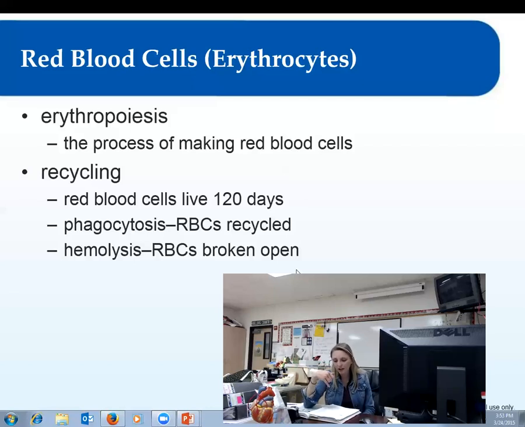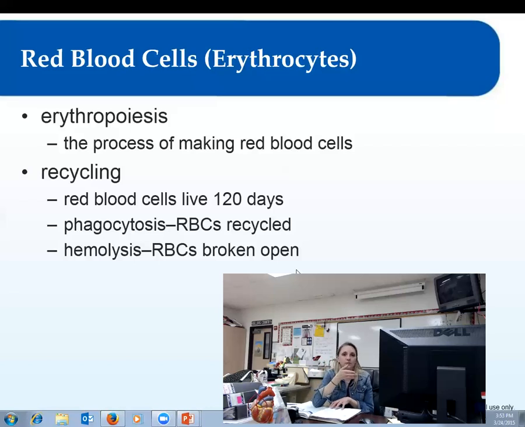In light of that, phagocytosis occurs. If you remember phagocytosis, that's where a white blood cell almost eats another cell or a foreign body. Macrophages in the liver and the spleen actually eat old red blood cells and get rid of them. Pretty crazy that our body takes care of it that way.